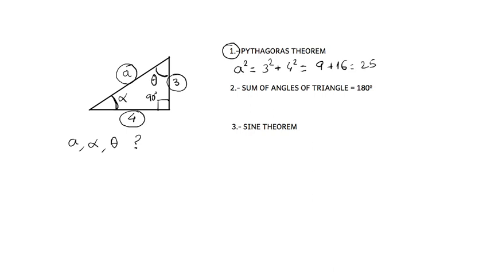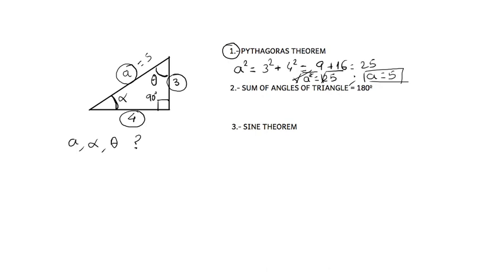So A square is equal to 25. If we want to know A, we need to get rid of the square, so we take the square root on both sides. So A equals 5. We already got A.